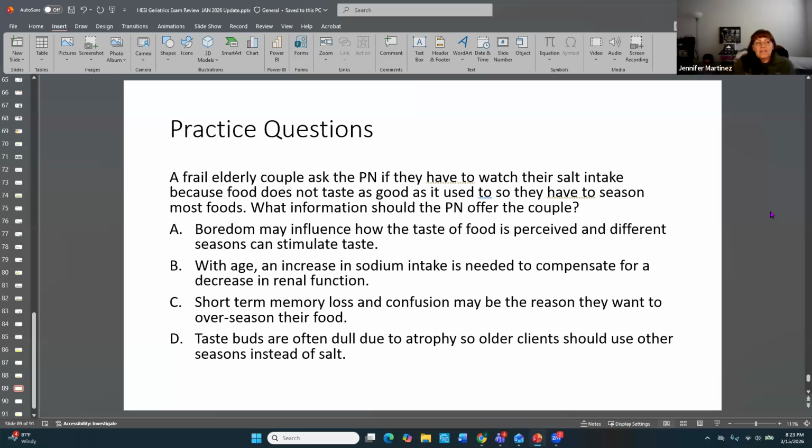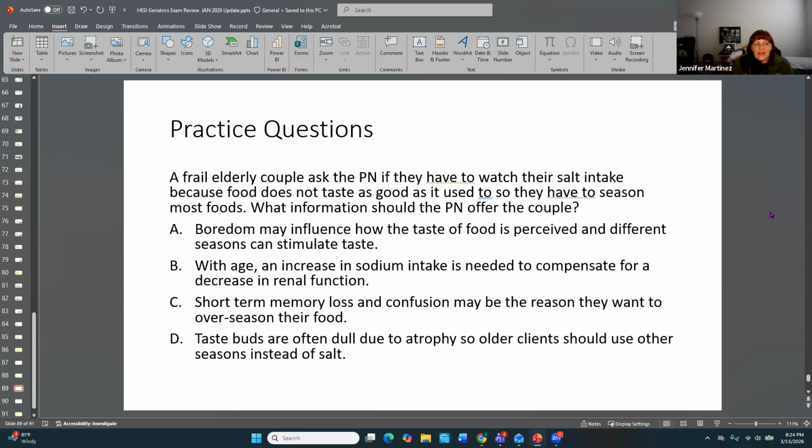All right, a frail elderly couple asked the PN if they have to watch their salt intake because food does not taste as good as it used to, so they have to season most foods. What information should the PN offer the couple? So, A, boredom may influence how the taste of food is perceived in different seasons, can stimulate taste.